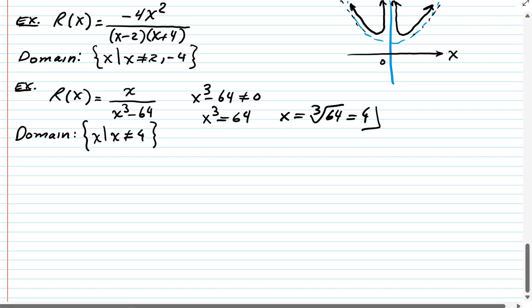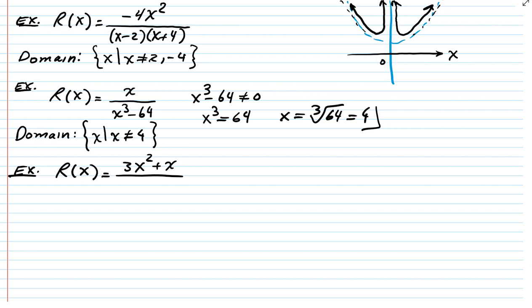Okay. Let's look at another example for domain. Suppose this time the rational function is made up of these two polynomials: 3x squared plus x on top and x squared plus 9 on the bottom. We want to determine the domain again. So we're going to set x squared plus 9 equal to 0, and then we get x squared equals negative 9.